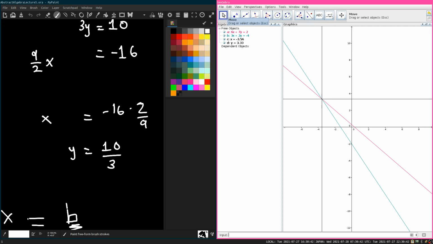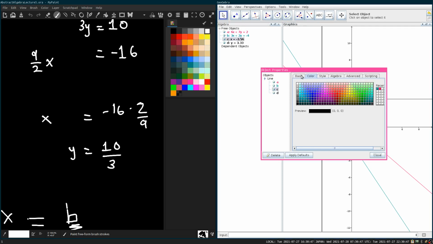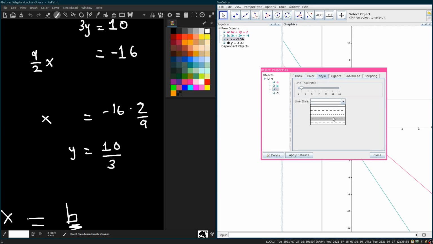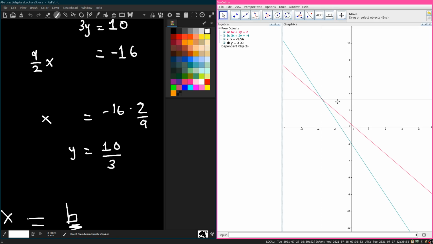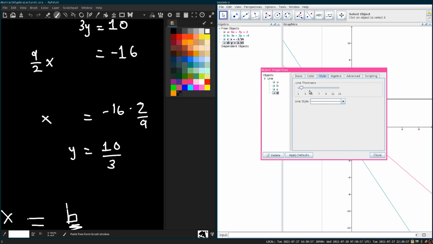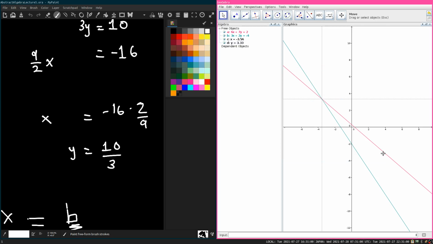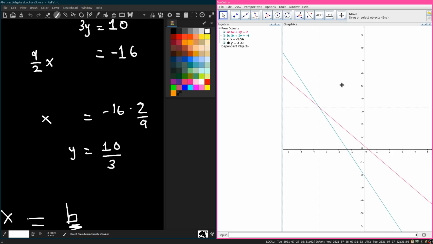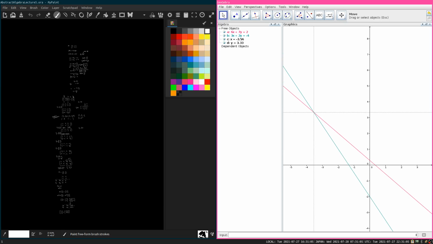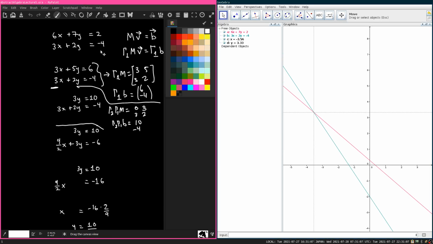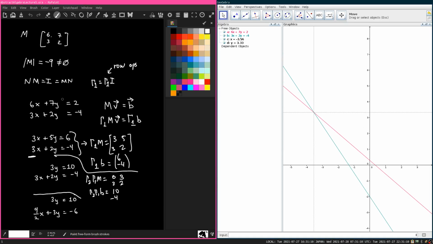I'm going to take these crosshair lines and make them dotted lines, just so that we can see what's going on. Dotted lines. Okay. So all that Gaussian elimination does is take this system of linear equations and convert it into this crosshair system, this one where x is equal to something and y is equal to something.